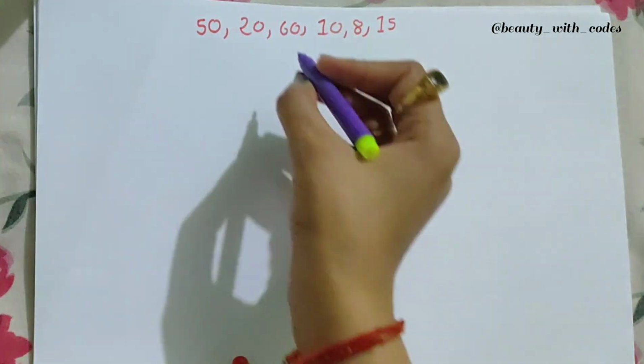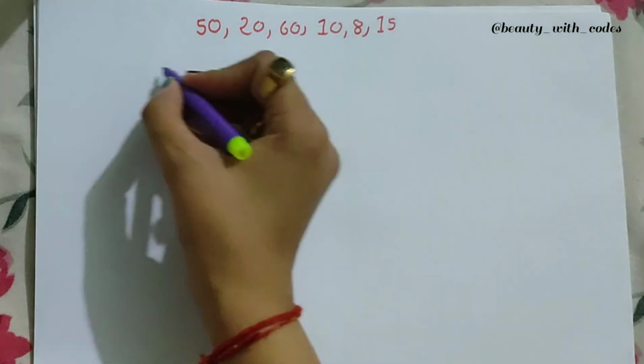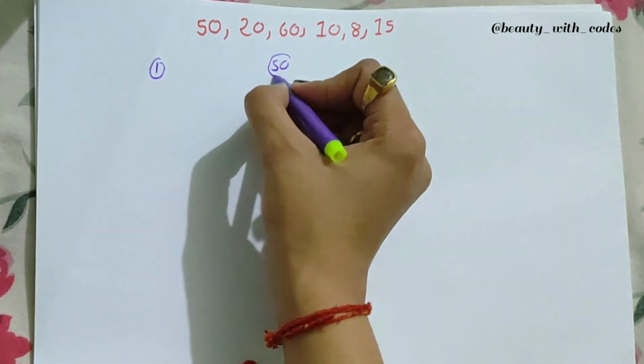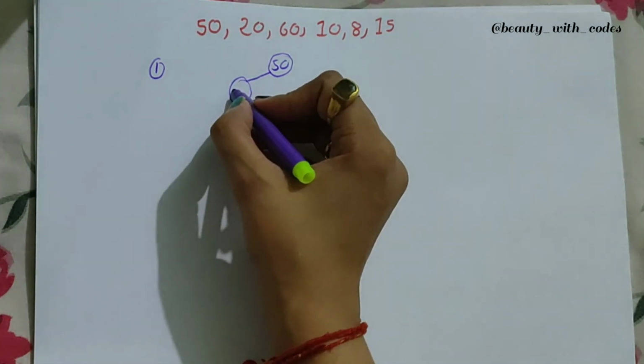Okay, so let's start drawing the binary search tree, because AVL tree is nothing but a balanced binary search tree, isn't it? So let's start. In the first step, what is the first element? The first element is 50, which is supposed to be the root. So in the first step 50 is the root. What about 20? 20 is smaller, so 20 is going to be in the left subtree.